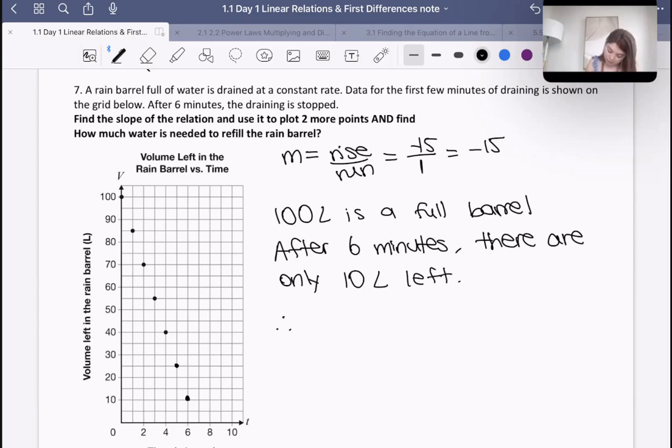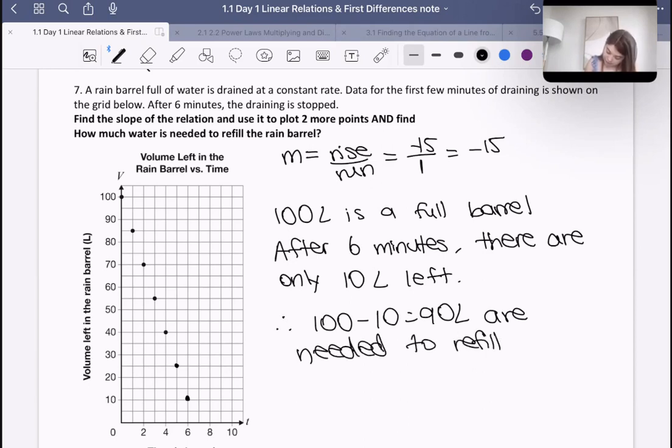So therefore, 90 liters are needed to refill the rain barrel.